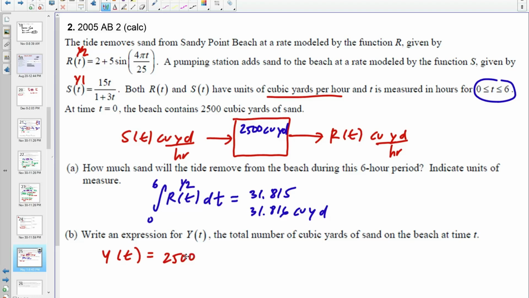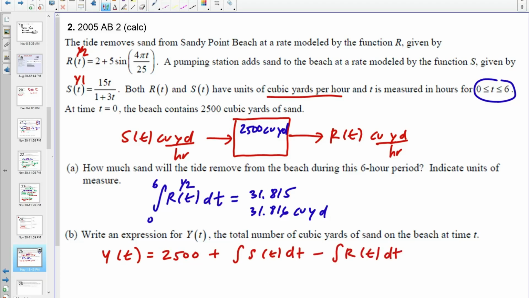You're not going to integrate the 2,500. If I put the 2,500 last, like the integral of S(t) plus 2,500, this becomes ambiguous. Am I integrating just the S(t), or am I integrating the S(t) plus 2,500? And so that's why I like to put the initial amount first, plus the amount going in, minus the amount going out.